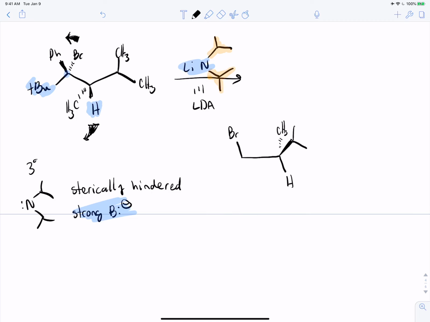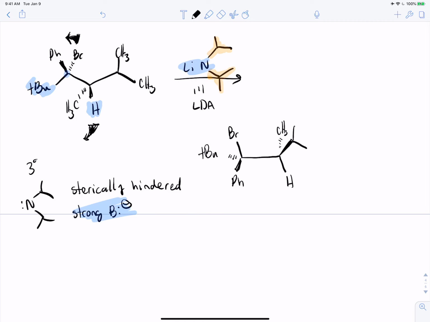Okay, so now I'm trying to show that bromine coming towards us. That's what I'm trying to show here by this getting wider at the back and then thinner at the front. That's coming towards us, out of the plane of the screen. And so everything else is going to move 60 degrees. The phenyl group is going to be 60 degrees down, and the tert-butyl group is going to move 60 degrees back.